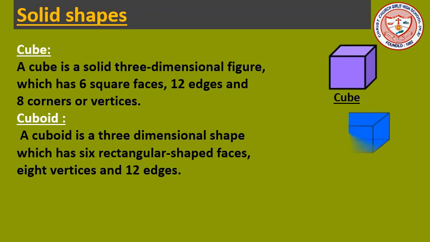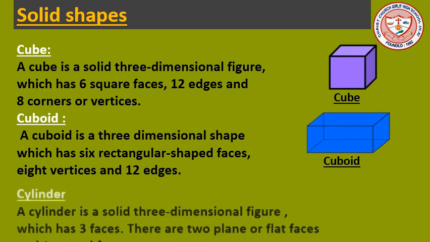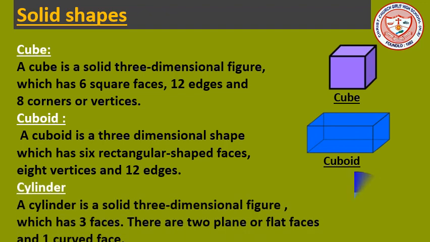A cuboid is a three-dimensional shape which has 6 rectangular shaped faces, 8 vertices, and 12 edges. Next, cylinder. A cylinder is a solid three-dimensional figure which has 3 faces. There are 2 plane or flat faces and 1 curved face.